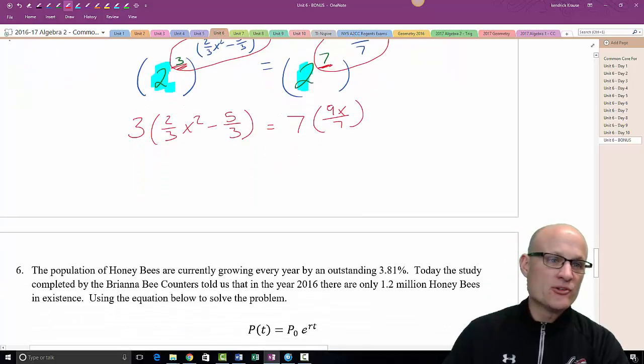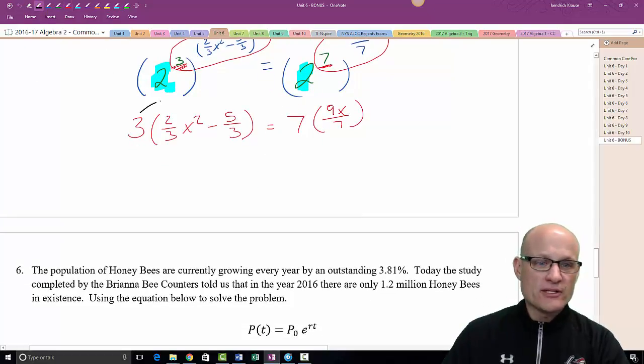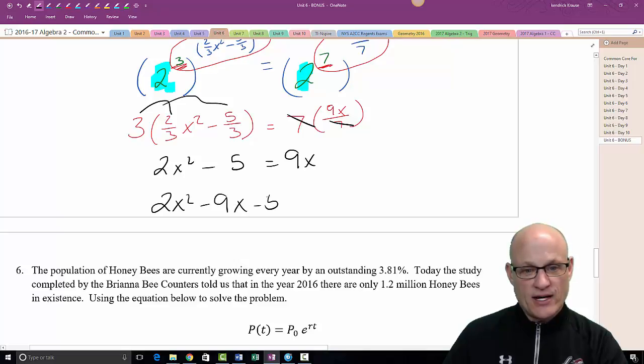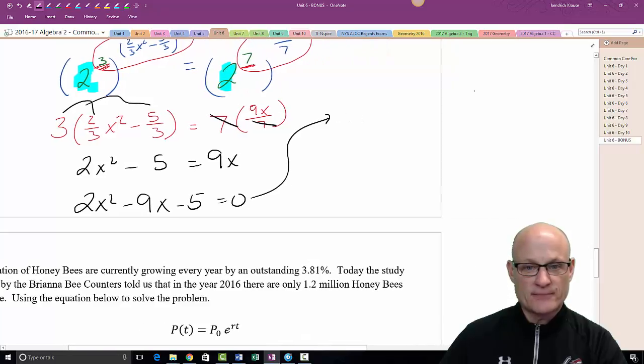Okay. Distribute. 3 times 2/3 is 2x squared. 3 times 5/3 is minus 5. Equals, the 7's here just cancel and end up with 9x. So this is 2x squared minus 9x minus 5 equals 0. I bring it up here. Let's do some factoring on it.